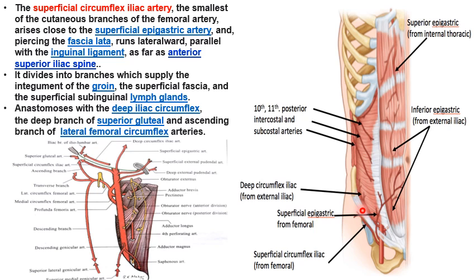And this superficial circumflex iliac artery, here in the diagram you can see, is anastomosing.